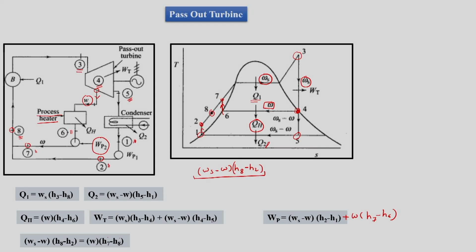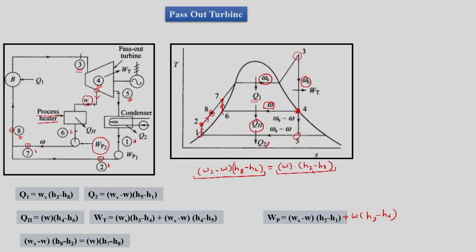So this is the rise in enthalpy of the water which is moving from here to here, but this enthalpy rise is due to the enthalpy loss of W amount of water which is coming from H7 to H8.